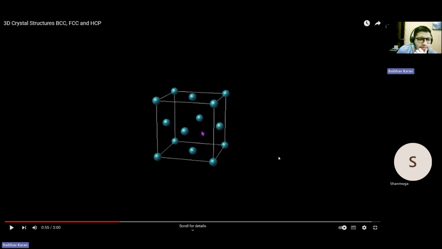This is an FCC crystal structure, where the atoms are sitting at the vertices along with each of the faces.